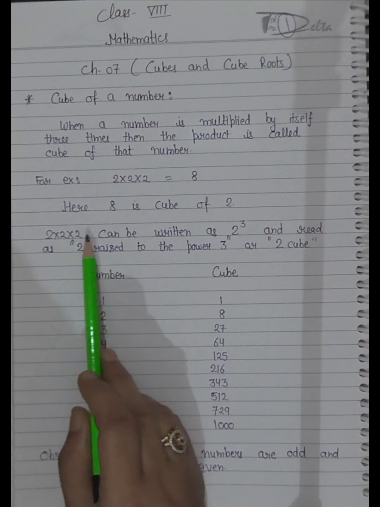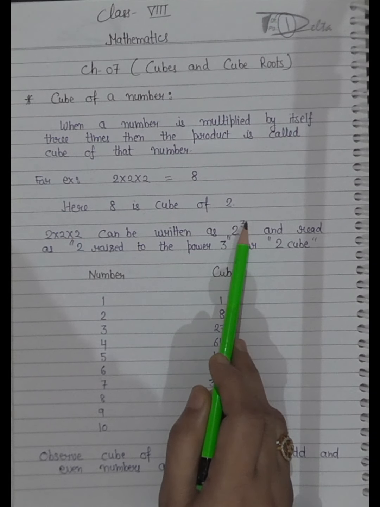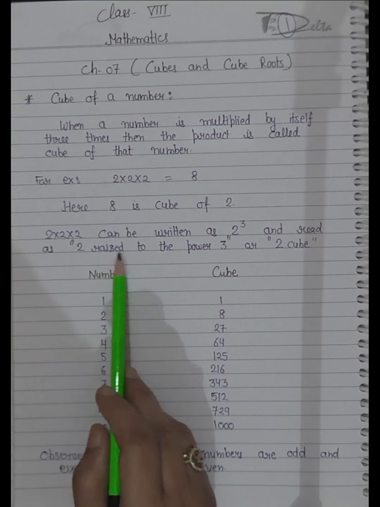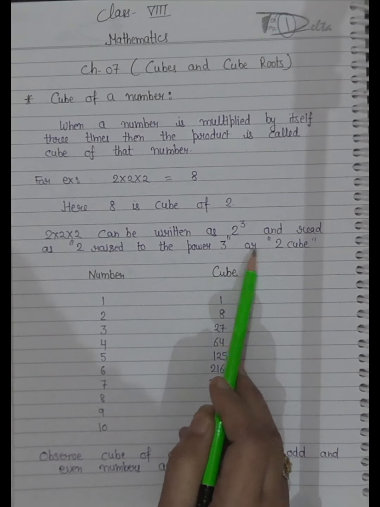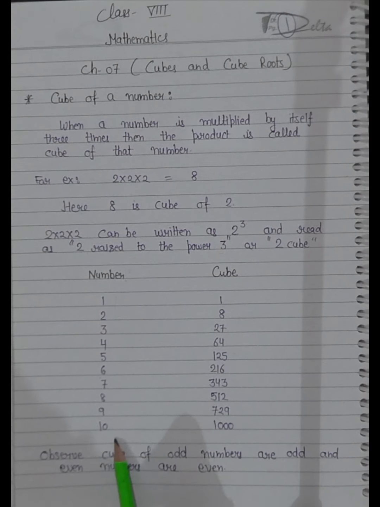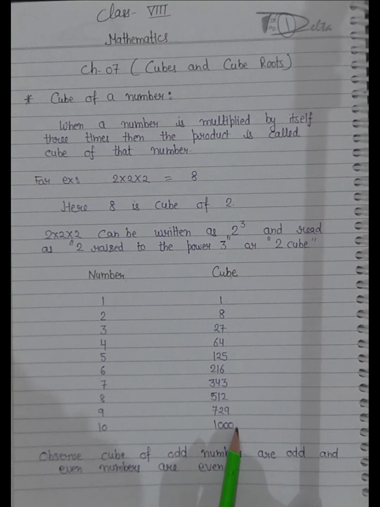2 multiply 2 multiply 2 can be written as 2 raised to the power 3 and read as 2 raised to the power 3 or 2 cube. Here I have written some numbers from 1 to 10 and their cubes from 1 to 1000.